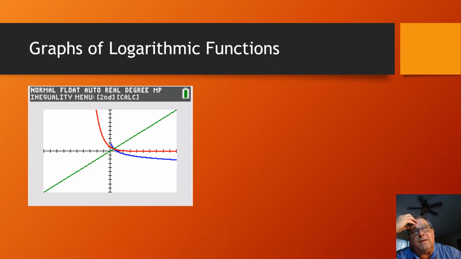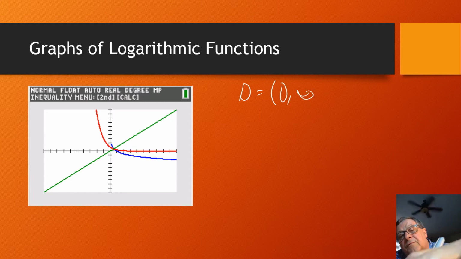But the fact that that base is less than 1, you can see, has flipped this blue graph over the x-axis. So again, let's think about our domain. Well, my domain hasn't changed. My domain is going from 0 out to infinity.